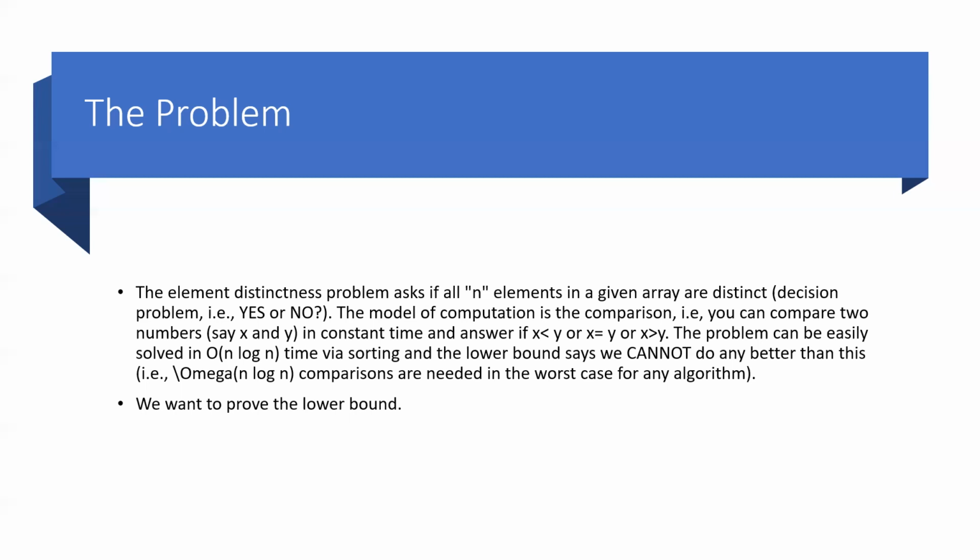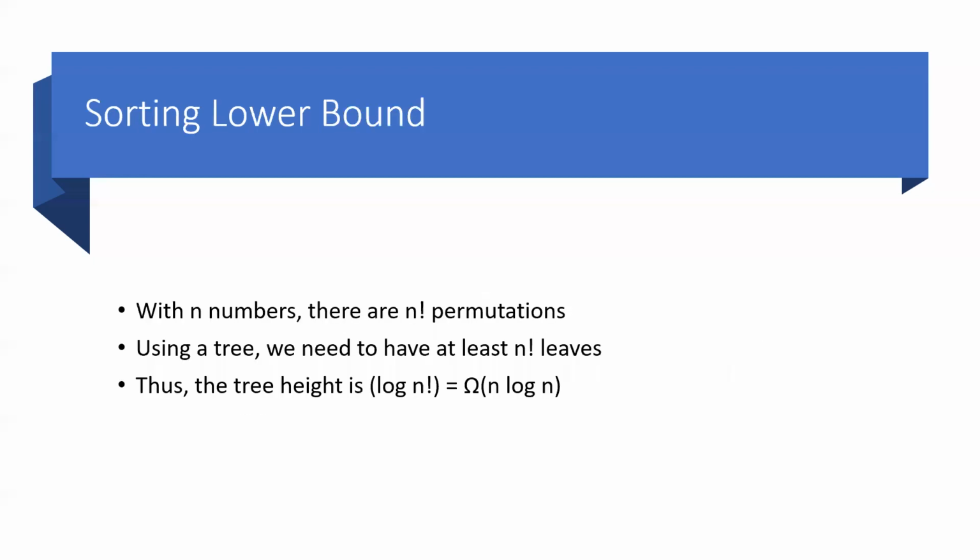So we want to prove that omega n log n is the lower bound for this type of problem. We have n numbers in an array, given in random order, so it's not sorted. So there are n factorial permutations of those n numbers.